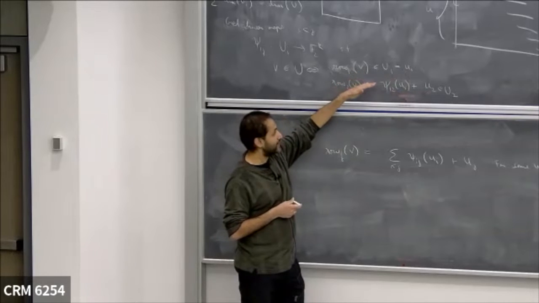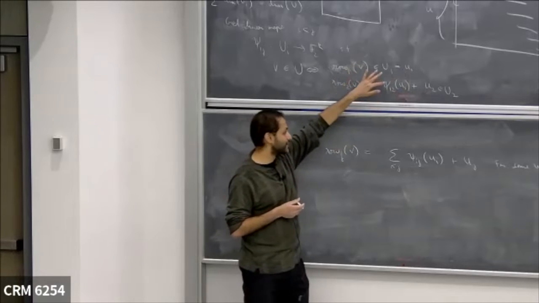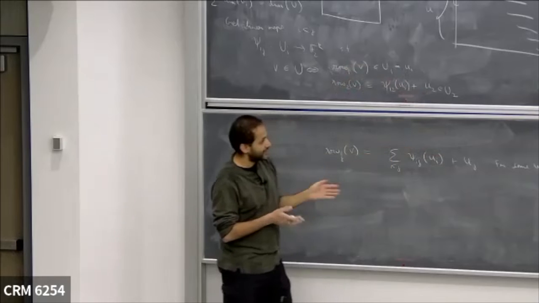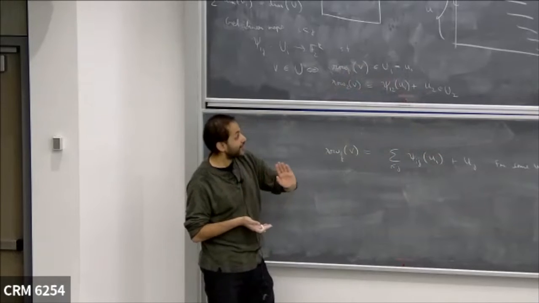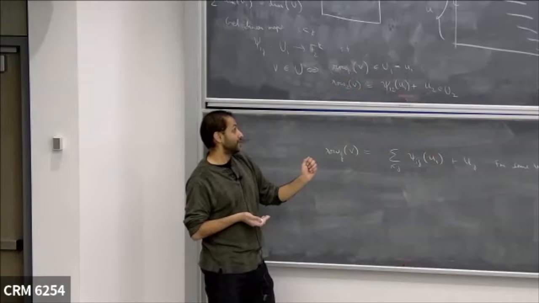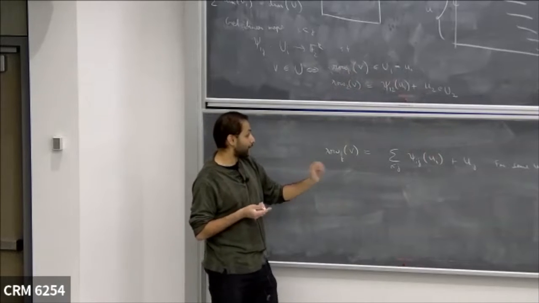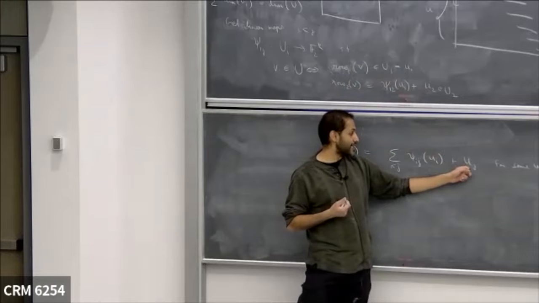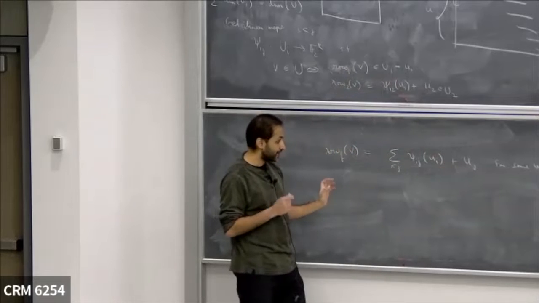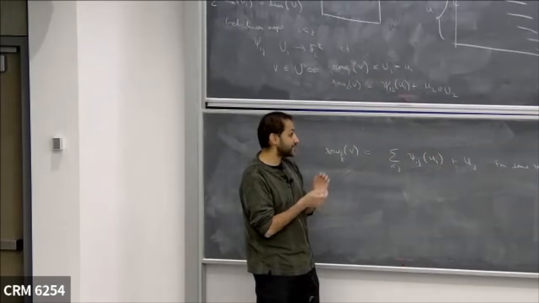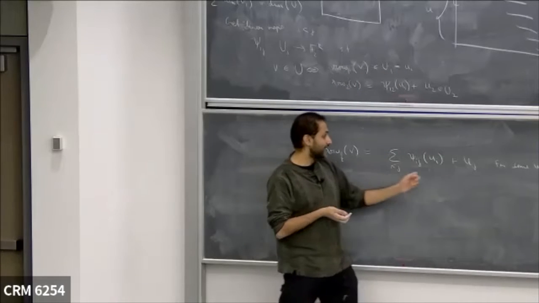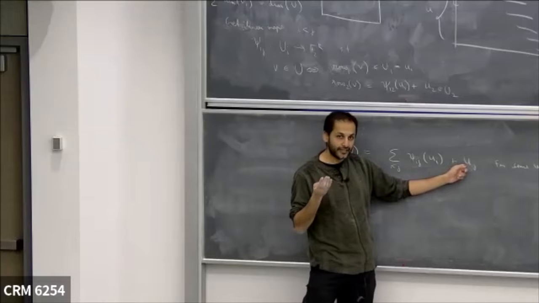So you've made a bunch of choices of the U1, U2, etc. At each stage, you reveal one more bit of x. At that point, you have to check whether there is a uj that makes this equality happen. And that uj has to be chosen. And there's a half chance that the uj that you want cannot be chosen.